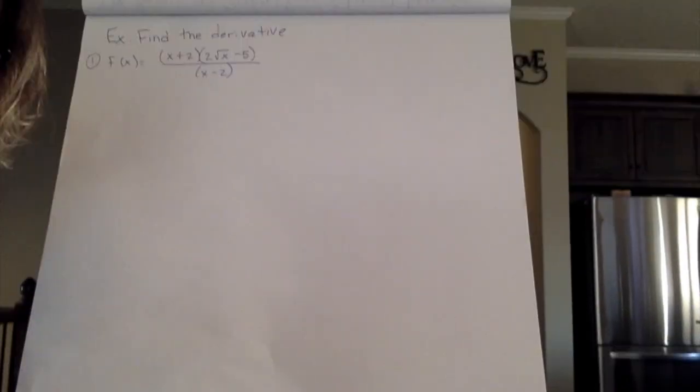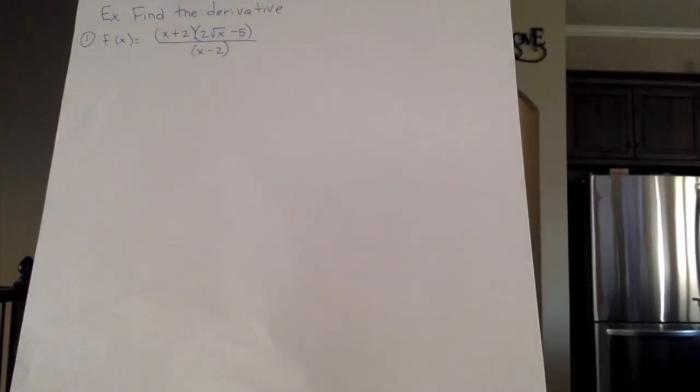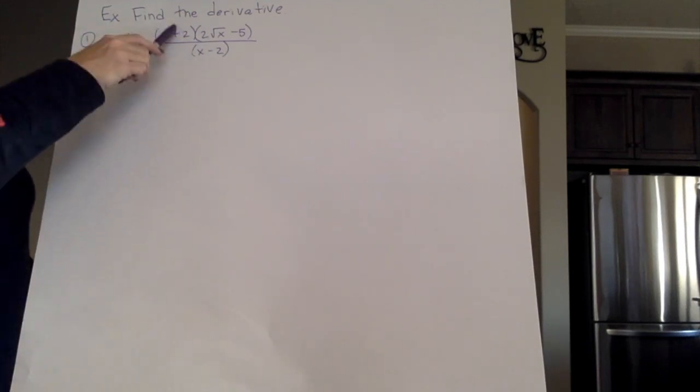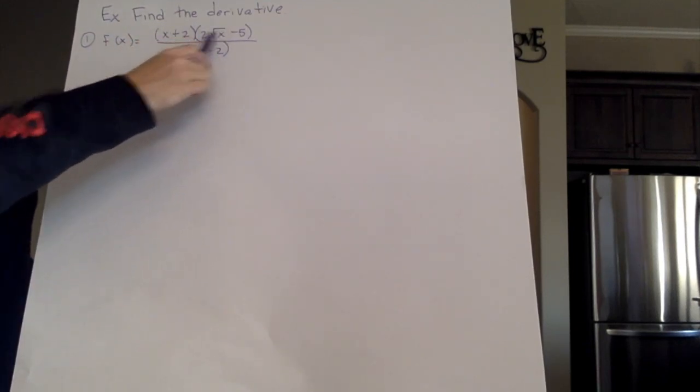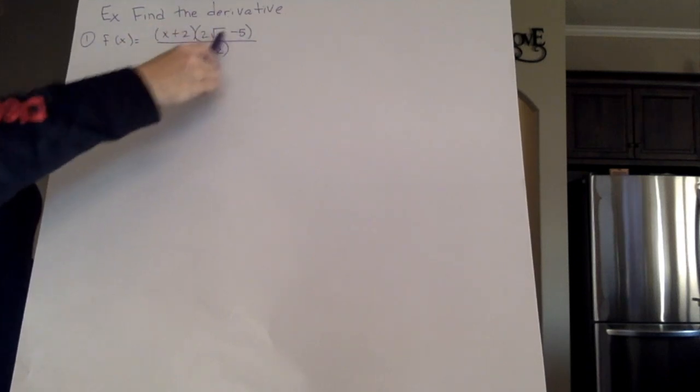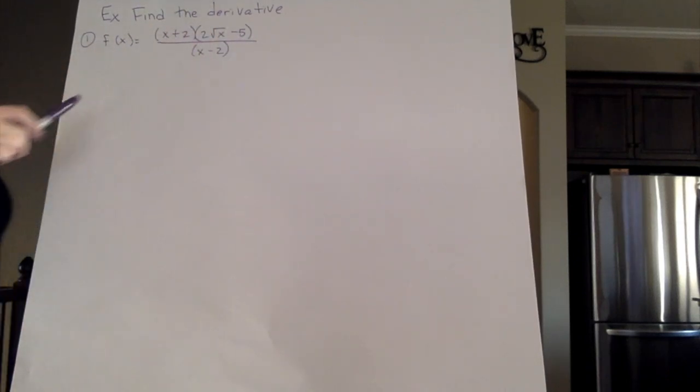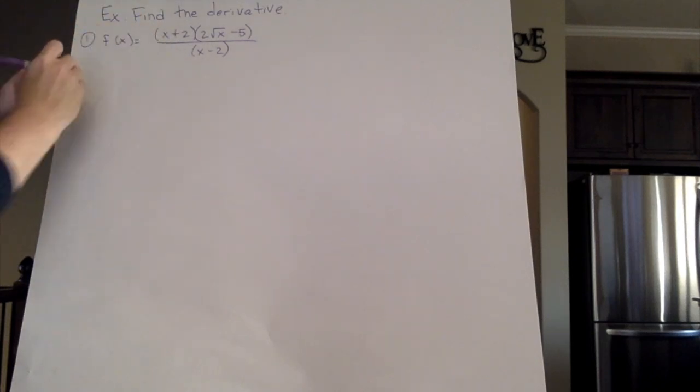So this is a case where we have a quotient rule, because we do have a quotient. Inside the quotient rule, though, on the top we have a product. So we have a product rule inside of a quotient rule.